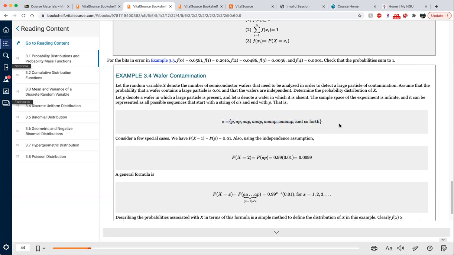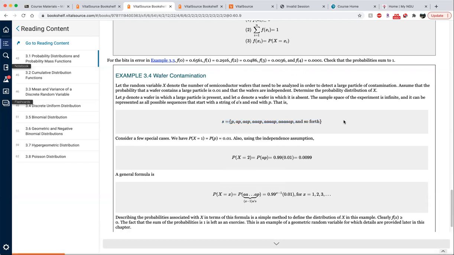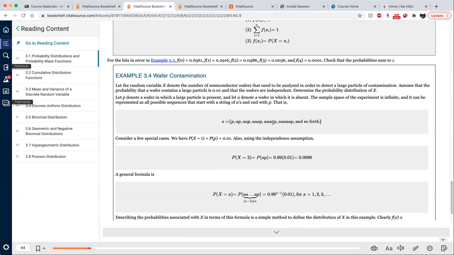What if we got large particle contamination in the second trial and also the third trial? You can say that, but I think in this example, the sample space is defined by the experiment: when we find the wafer containing a large particle, we stop.